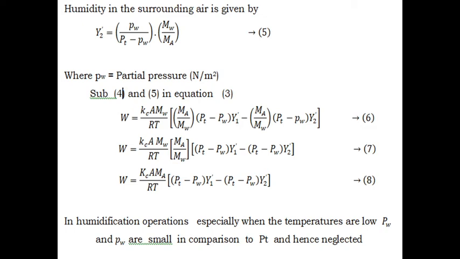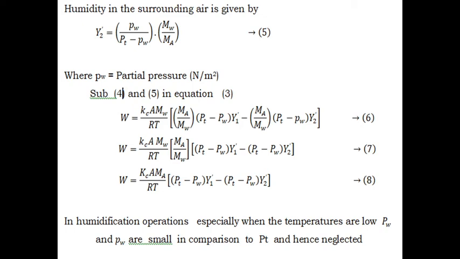So substitute 4 and 5 in equation 3. What is the equation? Mass of liquid evaporated per hour, capital W is equal to kCa into Mw by RT into capital Pw minus small pw. Are you clear or not? That is equation number 3. So in equation number 3, substitute capital Pw and small pw values from equations 4 and 5.